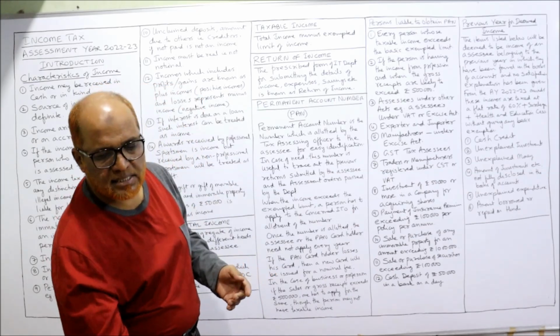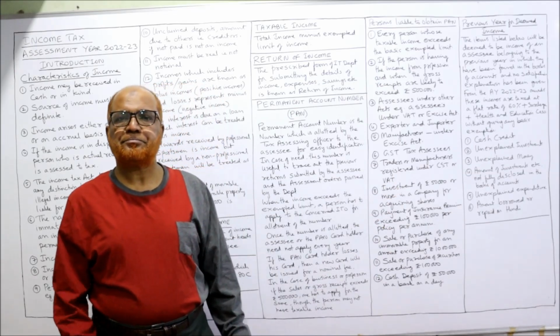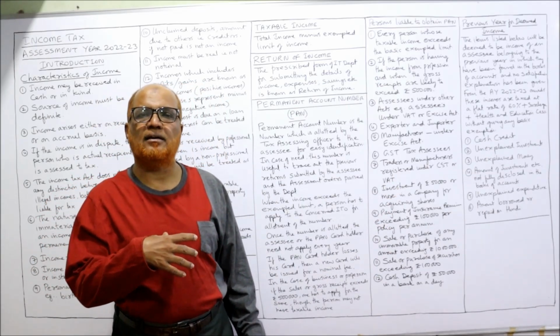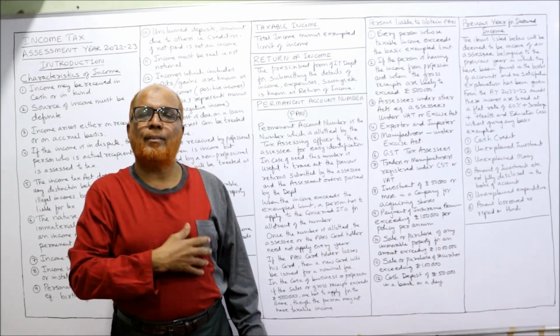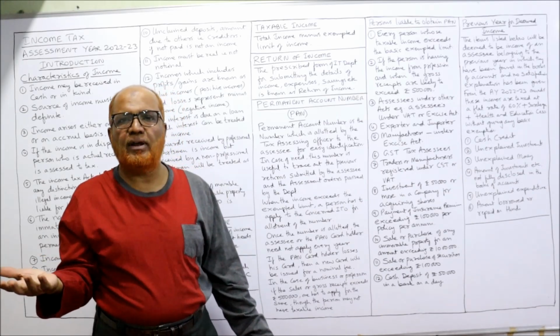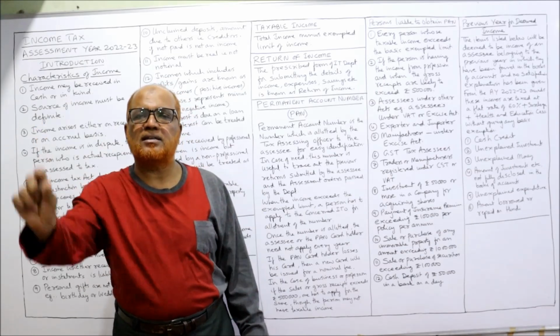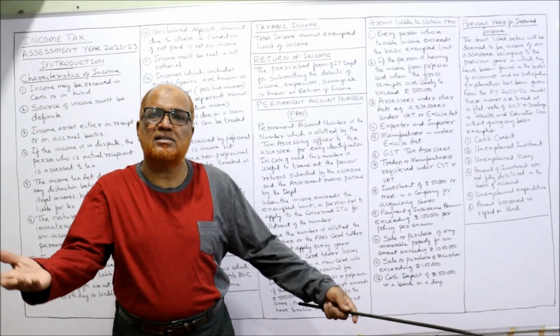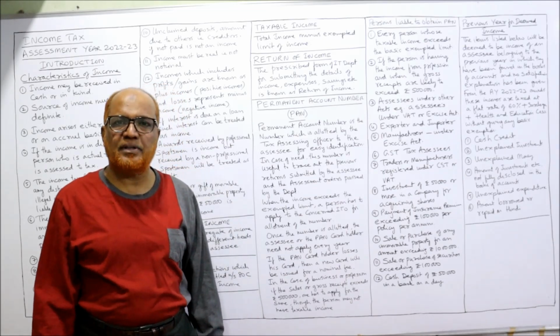Now, what are the cases of deemed income? First, cash credit. If the Income Tax Act sees that in a business there is a cash credit, but a proper, satisfactory explanation is not given regarding that cash credit, it will be treated as deemed income, and the person has to pay the tax.